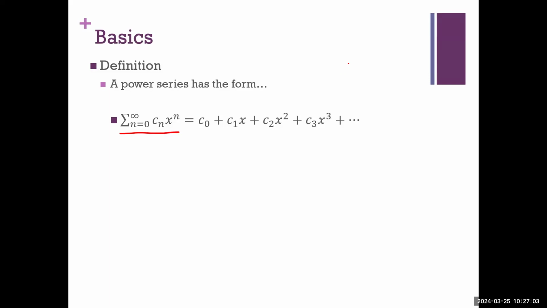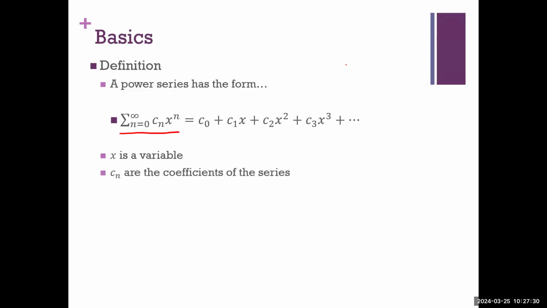What's the variable I'm using to construct this series? What's the thing that actually changes in here? It's still N, right? As far as we're concerned, in the way this is built, X is like a fixed value. So X is a variable, but we're not really allowing it to vary in the way we construct these.